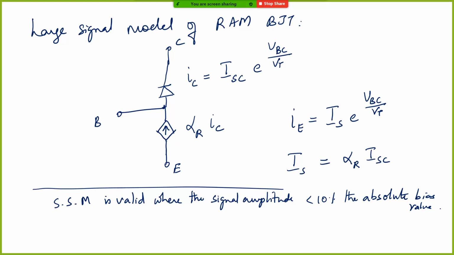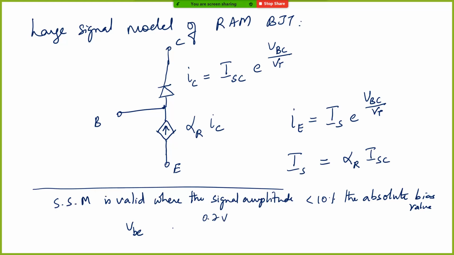Here, what we basically mean is there is no limit on this VBE. This VBE can be 0.5, 0.6, 0.7, 0.8, 0.9 also. You'll have larger current, and this model is valid. Whereas for the small signal, you will write VBE with a smaller subscript. For example, let's say your bias value is 0.7.